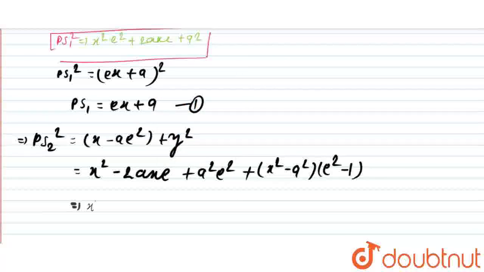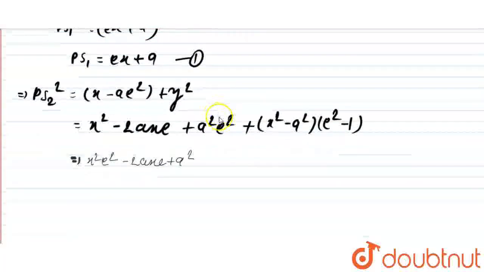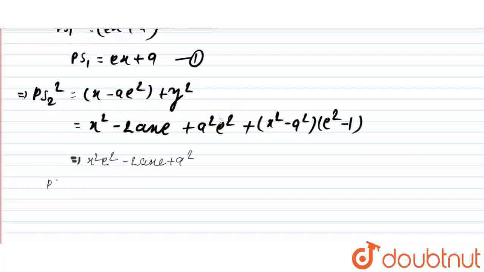If I solve this, x squared e squared minus 2axe plus a squared, so PS2 squared is (ex - a) squared. From here PS2 will be ex - a. So this is equation 2.